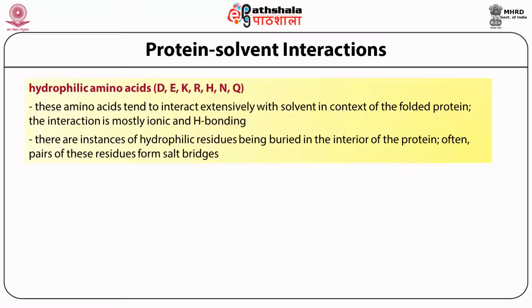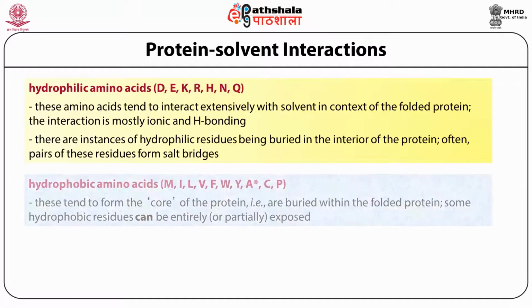There are instances of hydrophilic residues being buried in the interior of the protein, often pairs of these residues forming a salt bridge. The hydrophobic amino acids such as methionine, isoleucine, leucine, valine, phenylalanine, tryptophan, tyrosine, alanine, cysteine and proline tend to form the core of the protein, that is, they are buried within the folded protein.